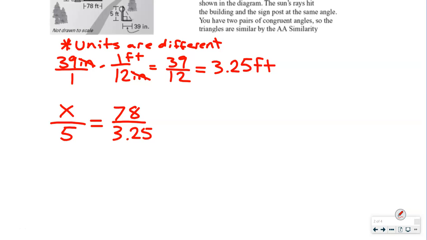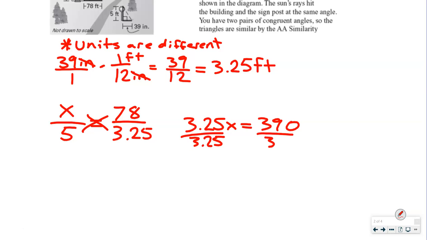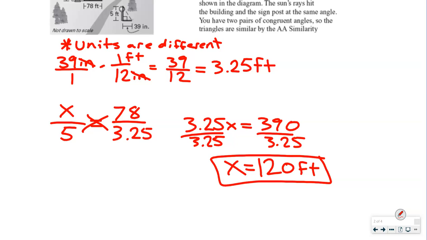So then we can just cross multiply. And we have 3.25x equals 78 times 5 gives us 390. And then we need to divide 390 by 3.25. And x equals 120 feet. Don't forget the unit of measure.